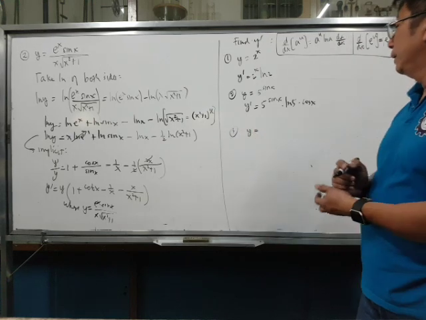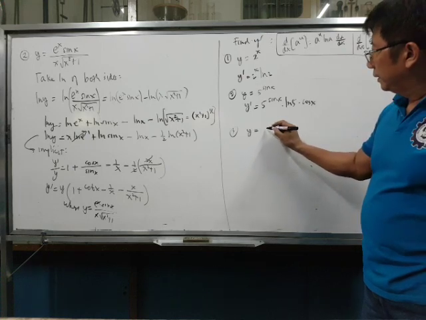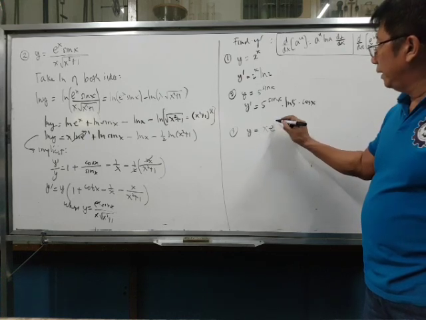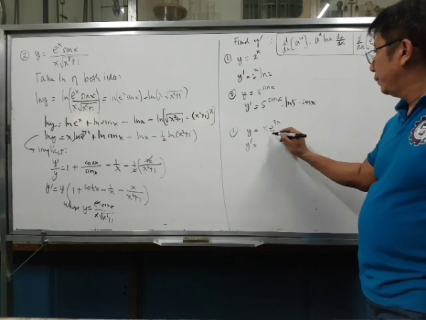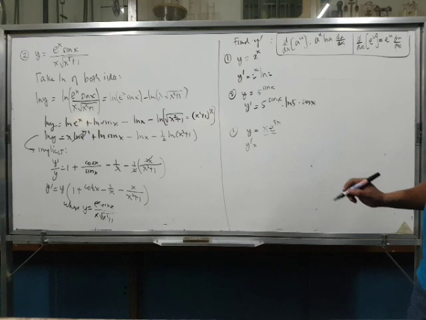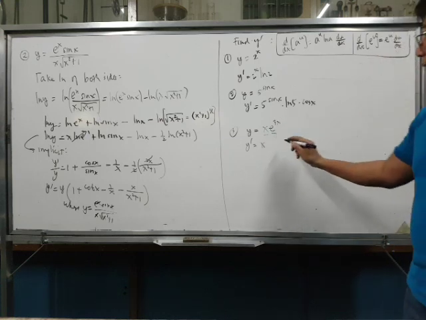Another example is y equals x e to the 3x. So y prime, we have to use the product rule. x times the derivative of e to the u, which is e to the u du.